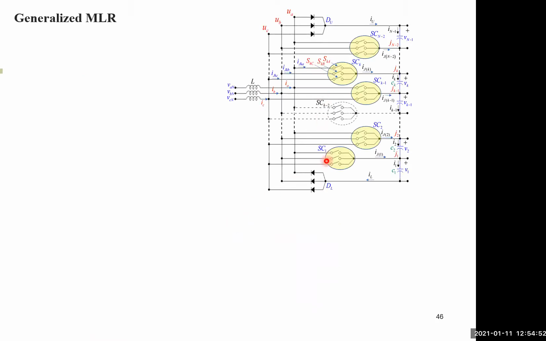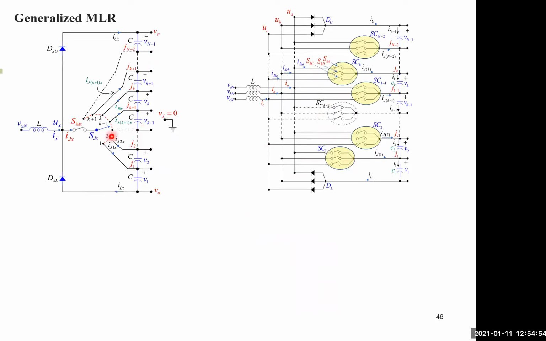This is the generalized topology, and this is the per-phase logical schematic. If SM is turned on, we increase the absolute value of the current, and then SJ will kick in to select to which junction we want to route the current so we can maintain the balanced voltage as we want.